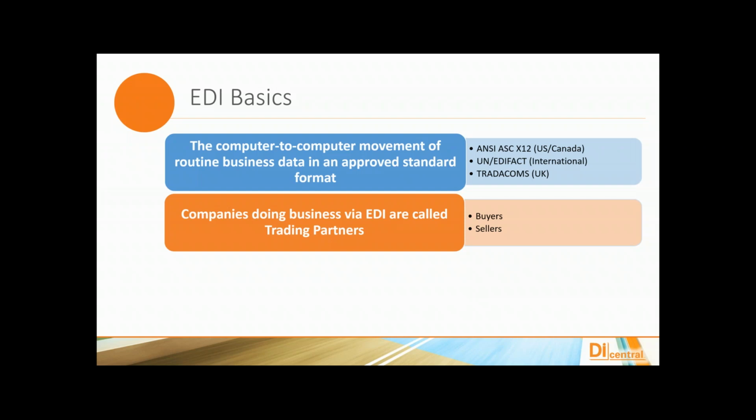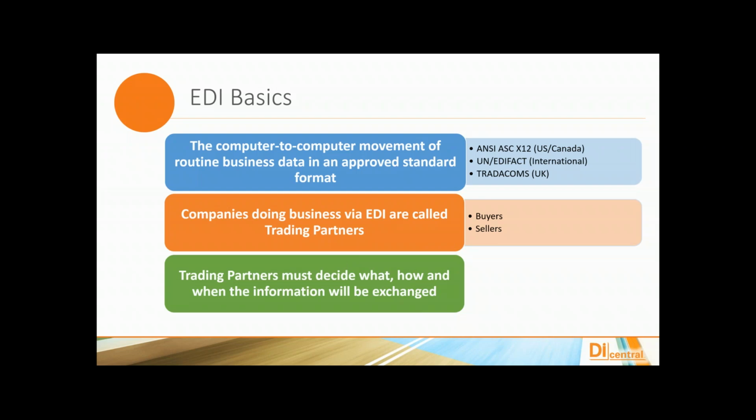The buyers could be retailers, convenience stores, or wholesalers. And the sellers are the suppliers and vendors who sell their products to the retailers. So we have two sides of EDI: the buy side and the sell side.